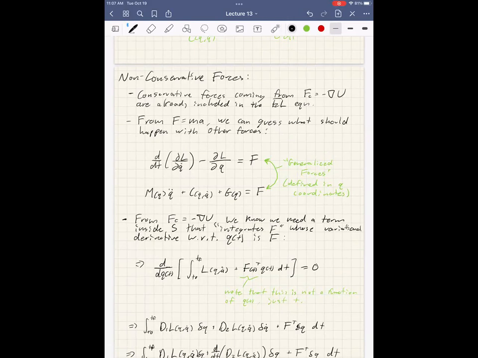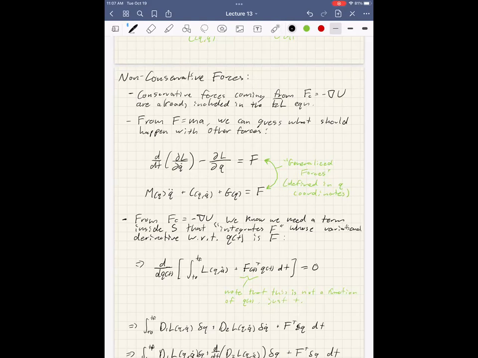I just chain ruled it. So I do partial L, partial Q times delta Q. I thought we were taking the partial with respect to d by dq. I'm taking partial derivatives of the stuff inside here with respect to Q of T. So this guy's a function of Q and Q dot.